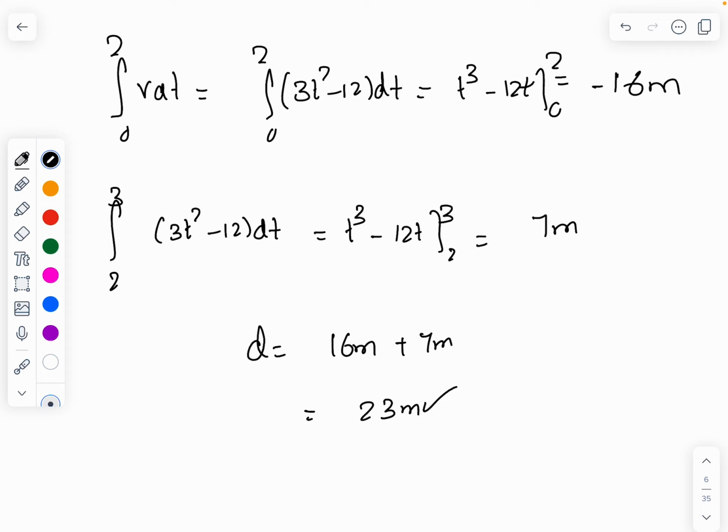So when I do it by the graphing calculator or Desmos, I will get the 12 minus 3x square graph. So for that I take the graphing calculator and do that one, 12 minus 3x square, and the limits are from 0 to 3. Time is from 0 and 3.